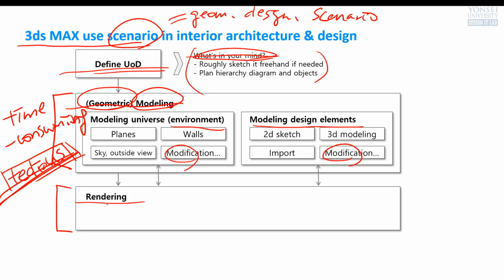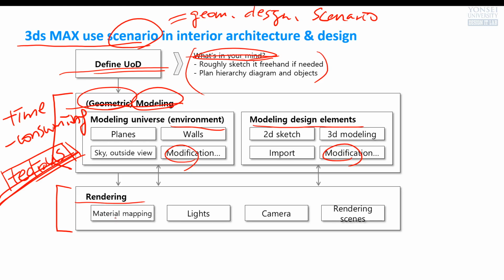It actually doesn't take much time. Instead, you need to know a lot of technical things. For example, materials, mappings, bump map, reflection, diffuse. There is a huge amount of mapping techniques available. You don't want to be stuck or stunned by that kind of unnecessary technical thing, but if you are in charge of rendering, this is inevitable.